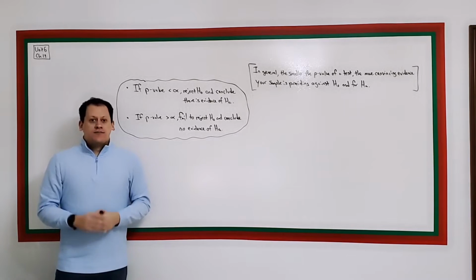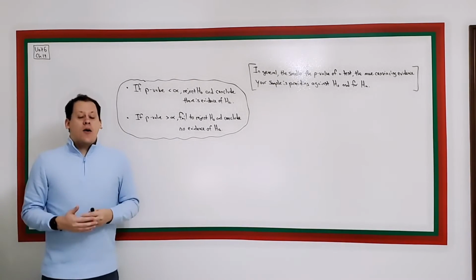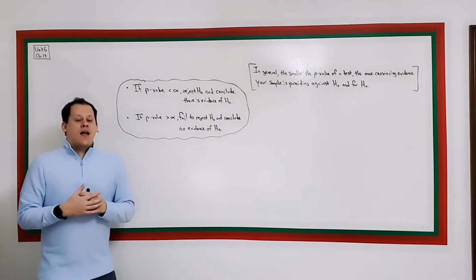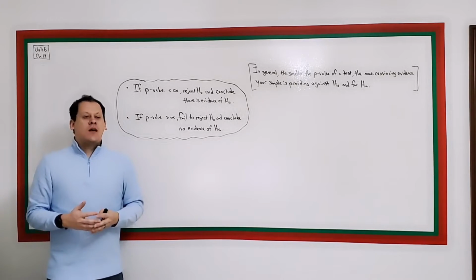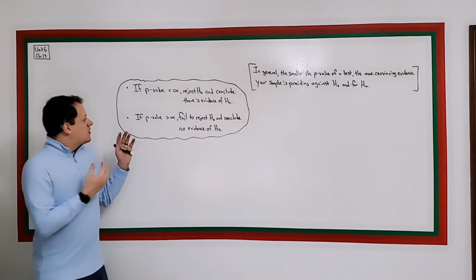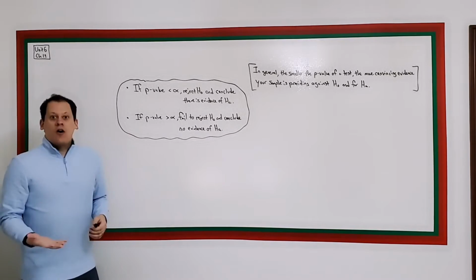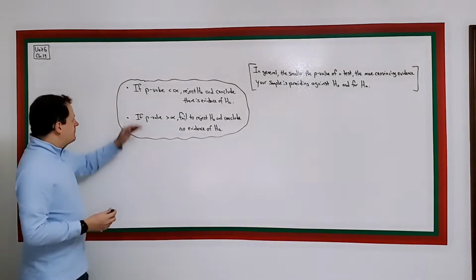But before we get to the examples, I wanted to talk a little bit more about p-values and what they mean. We've already talked about how to interpret them, but just looking at them from a different angle. So in this puffy cloud, we see something we are familiar with from the last video.